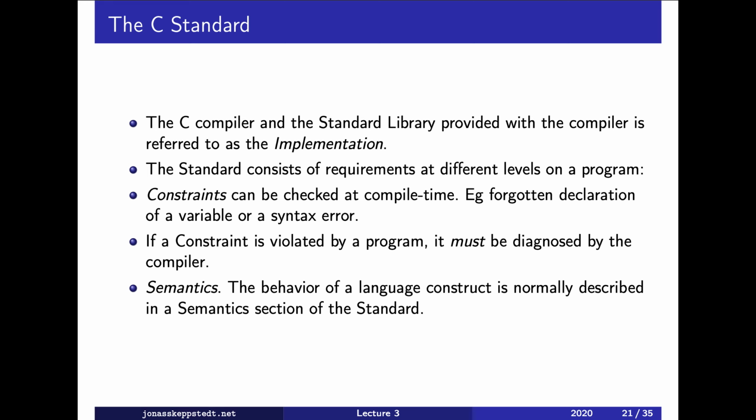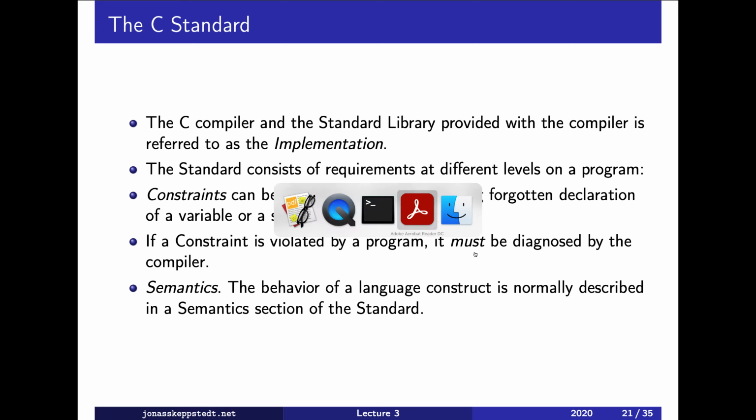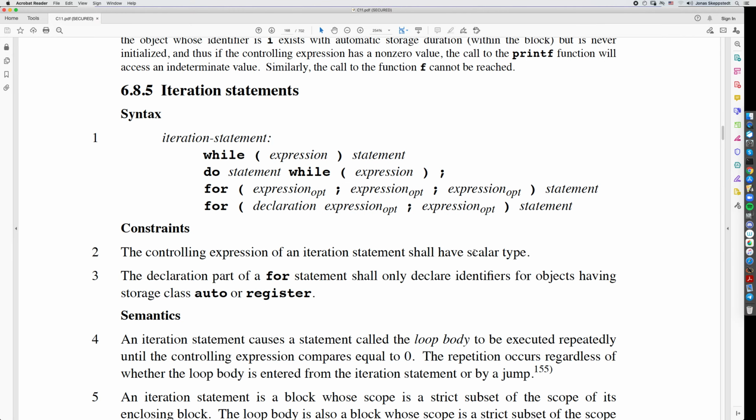Okay, let's look at an example, namely loops. These are called iteration statements, and there are basically three kinds of loops. Well, there are two different for loops here, but they are basically the same. Here we see the constraint: the controlling expression of an iteration statement shall have scalar type.